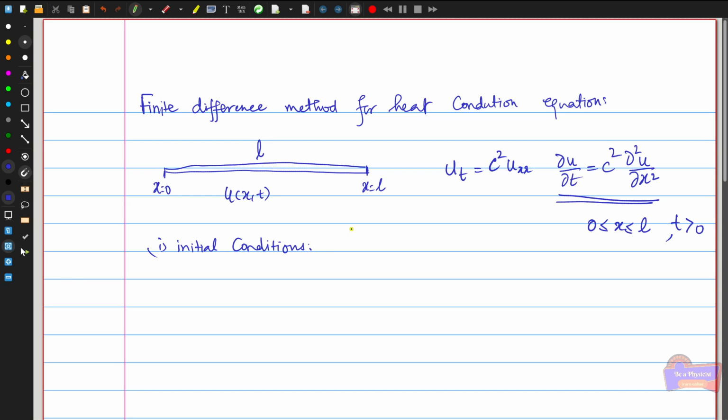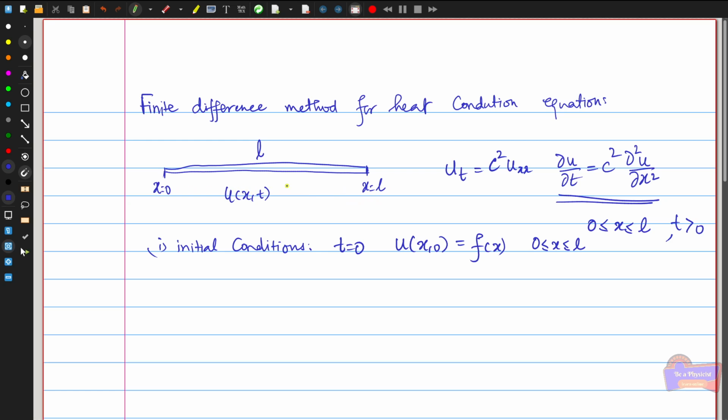The initial condition is given when time t equals 0. For t equal to 0, the temperature prescribed is u of x comma 0, which is equal to some function of x, since x varies from 0 to L. So at time equal to 0, we have some function of x which defines the initial condition of the given rod, that means the initial temperature.